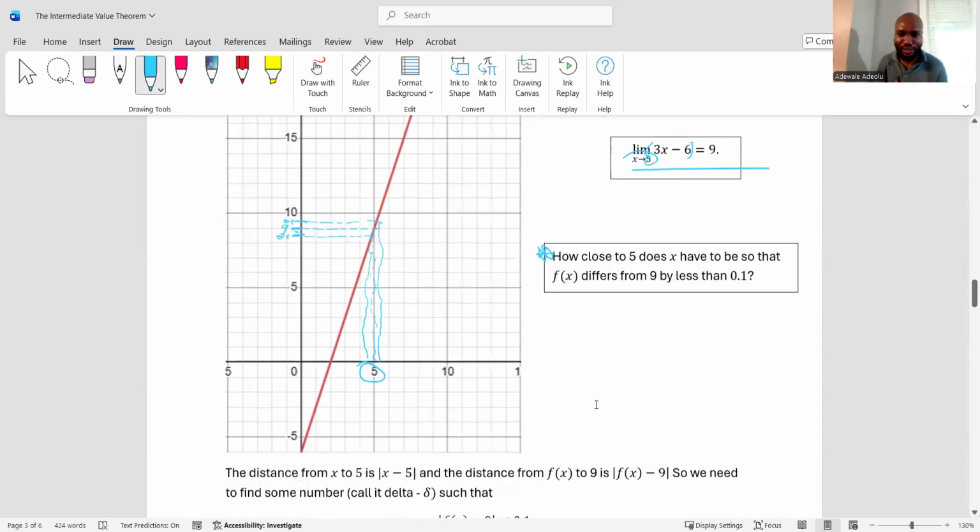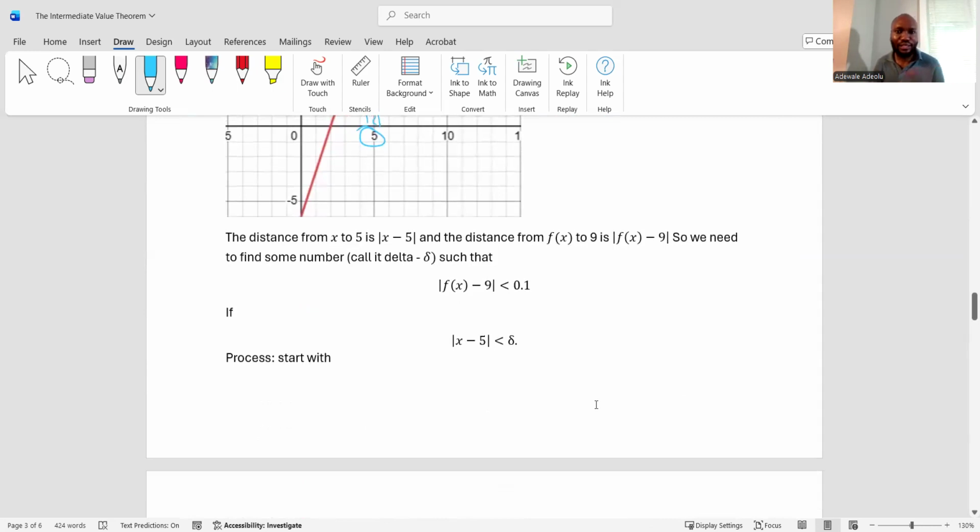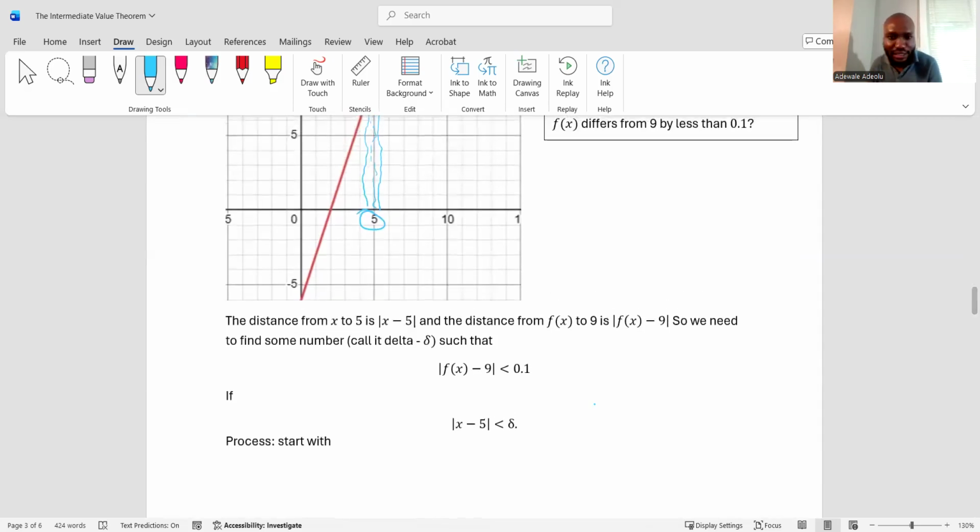Now, let us make some definition. I'm talking about distance. So look at this. There is a distance from this 5 to this point that I'm seeing, from the left and from the right.